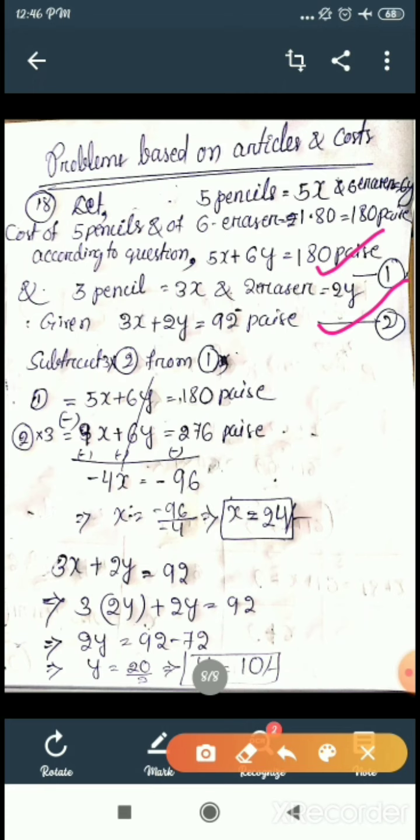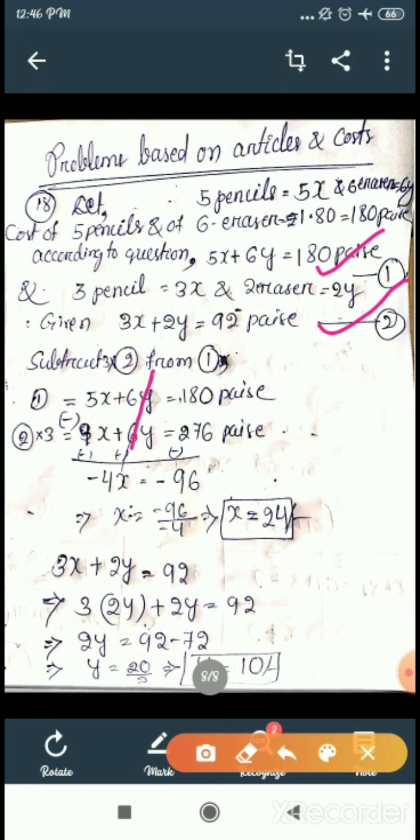Now subtract equation 2 multiplied by 3, that means why you have multiplied equation 2 by 3, so that you can eliminate the value of y very easily. Then after this 6y and 6y will cancel out.